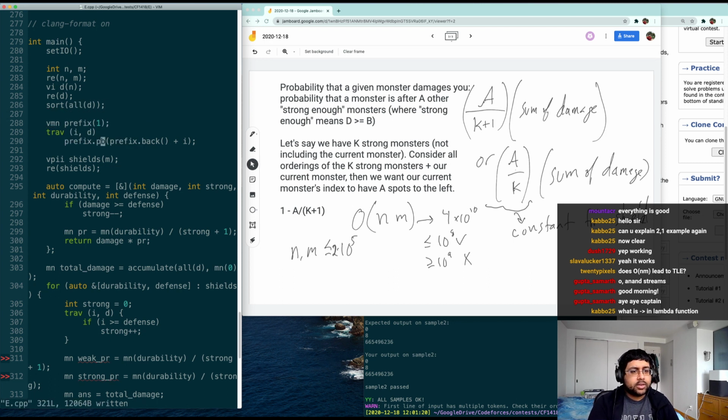That way, some prefix of the monsters will be weak, and then a suffix of them, the rest of them, will be strong.